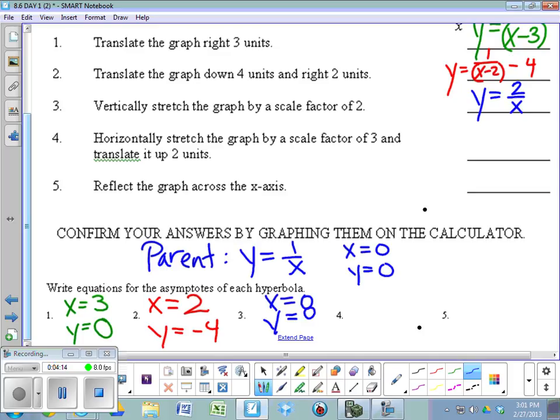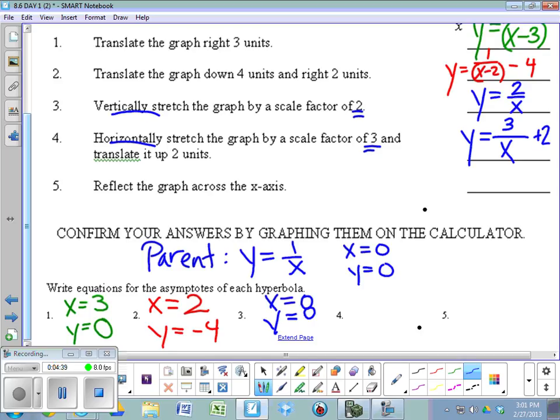You're just making the hyperbola larger. Whether the scale factor is 2 or 3, or whether it's horizontal or vertical, you put that number in the same spot. You put it in the numerator, 3 over x, and then how are you also going to move it up 2? Plus 2 on the back end.